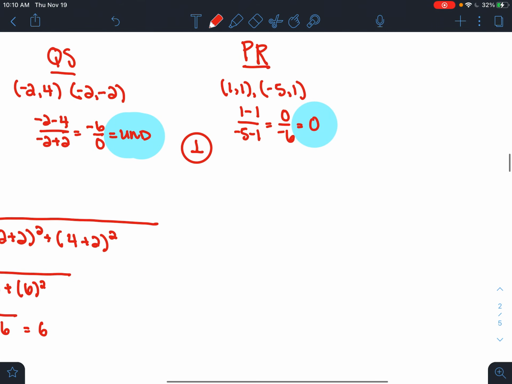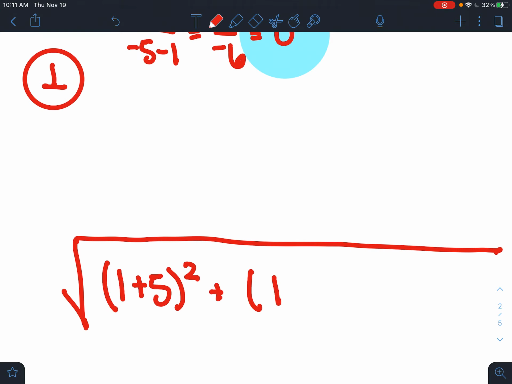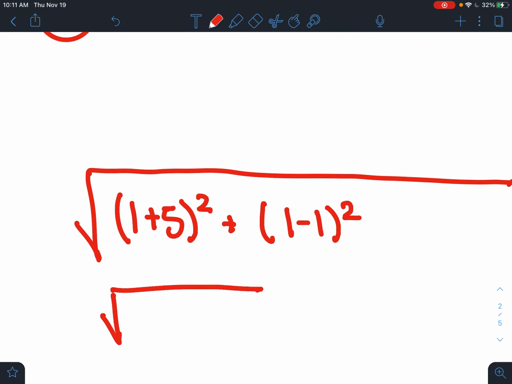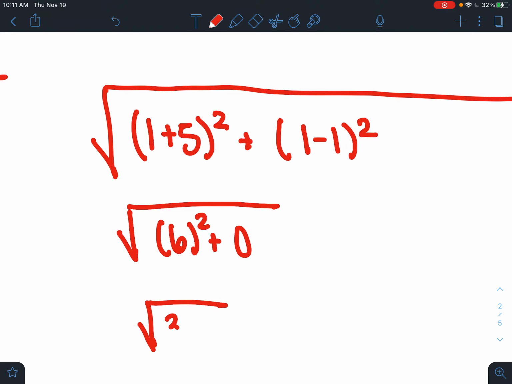And so now I'm going to find the distance of PR. For PR, I'm going to do 1 plus 5 squared plus 1 minus 1 squared, which gives me 6 squared plus 0, which gives me the square root of 36, which gives me 6.